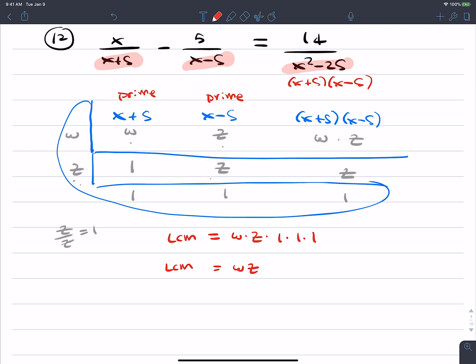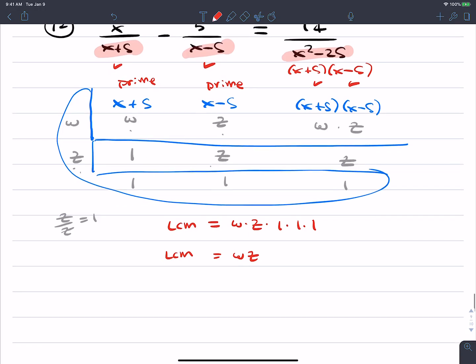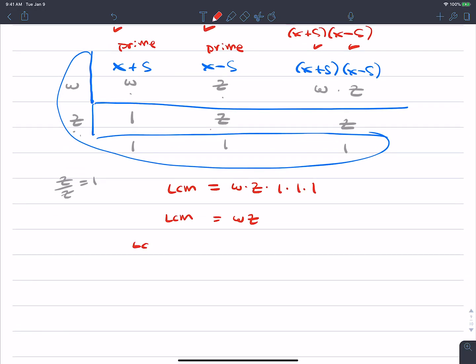However, we don't have W and Z. What do we really have? Yeah, we have this x plus 5, x minus 5, and then we have the product of those two. So what is this really analogous to? This means our LCM is x plus 5 times x minus 5. Outstanding.